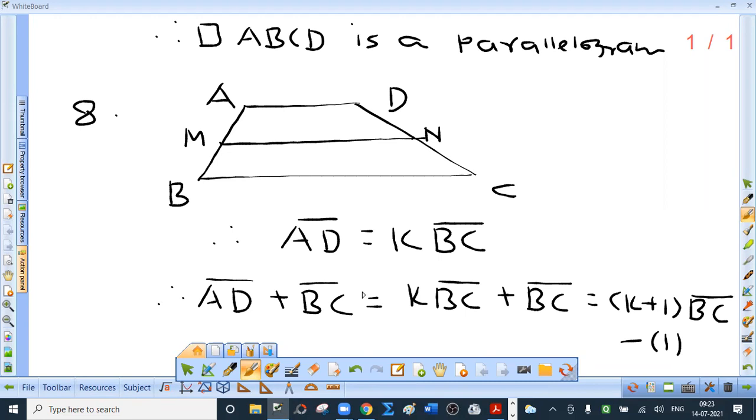Non-parallel sides AB and DC respectively.